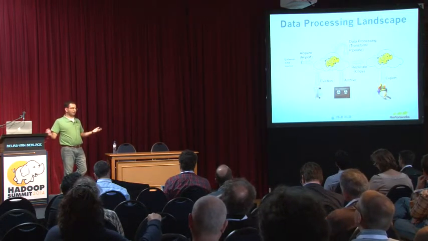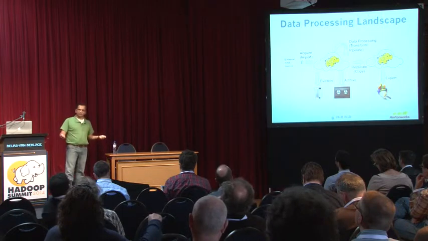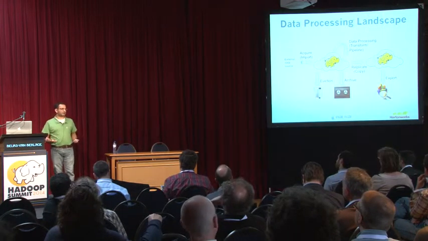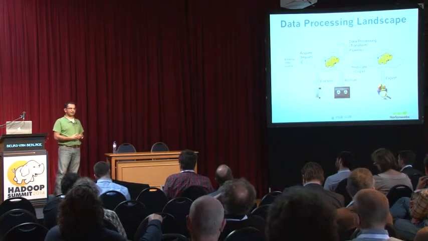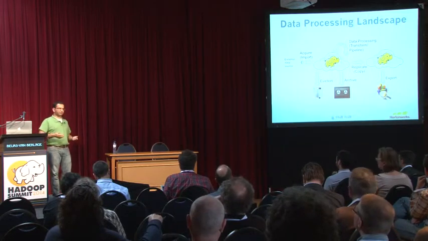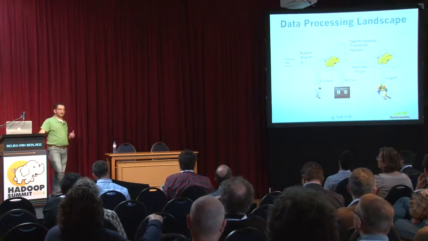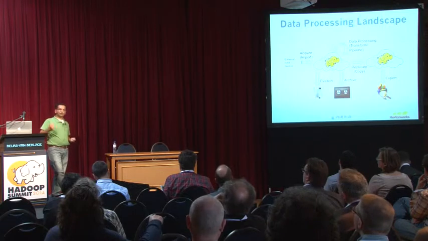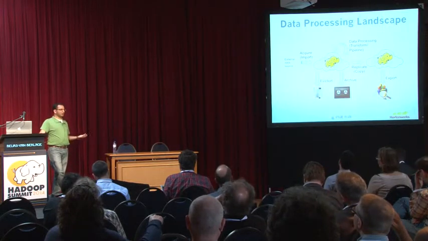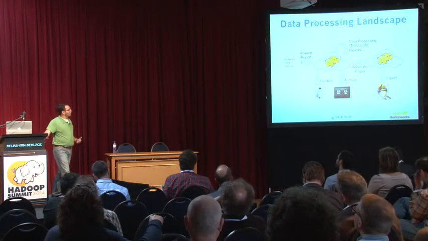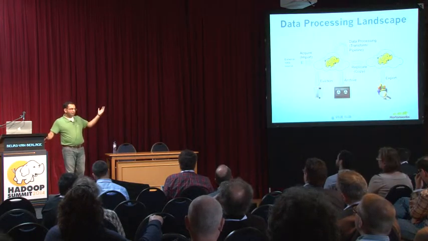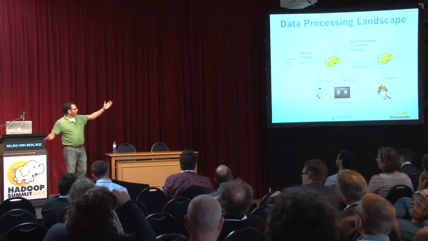You express your Pig scripts, Hive scripts, custom MapReduce jobs, Cascading, what have you, as a chain or sequence of steps, either a single workflow or chained together as multiple workflows, producing multiple outputs. So you have some common patterns there, some common problems in data acquisition.